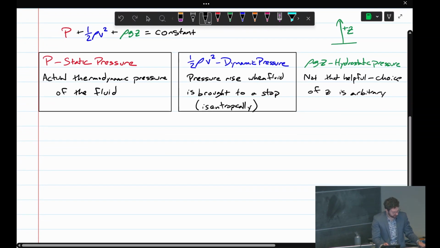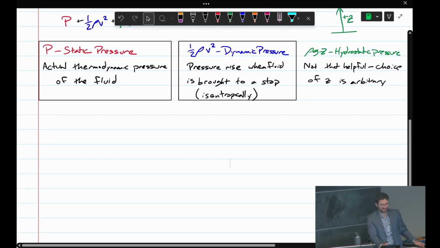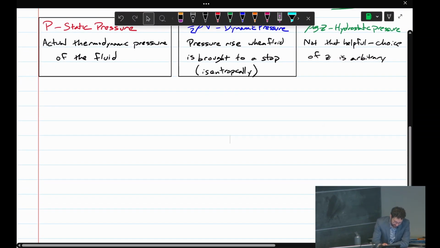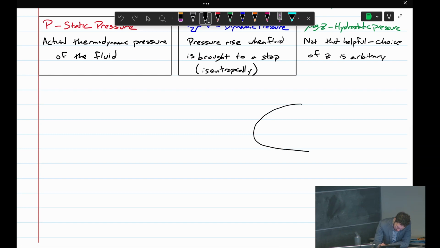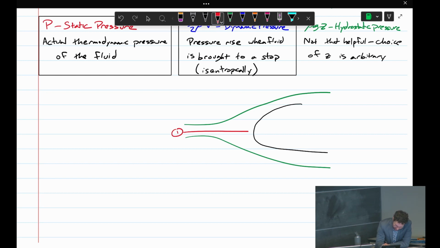Okay. So let's talk now about stagnation pressure. Let's say we have some sort of object in our flow. We're going to have some streamlines around this object. We're going to consider a very special streamline here, the red streamline. It's called the stagnation streamline.